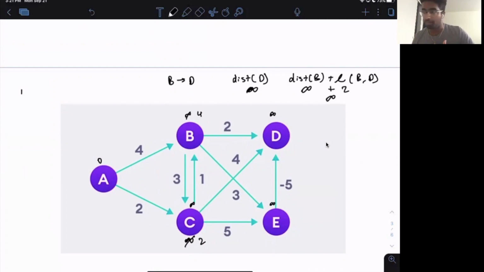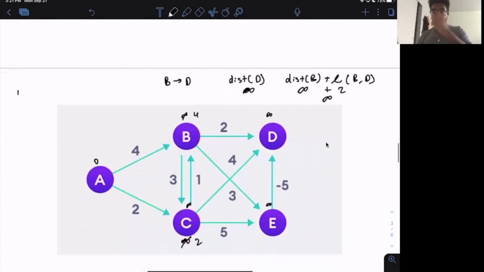That's just going to be 4. D is still going to be infinity, because the shortest path from A to D, as you can see from inspection, has to be at least 2 edges. We're only done with the first iteration, so far we only know the shortest paths of length 1 edge.